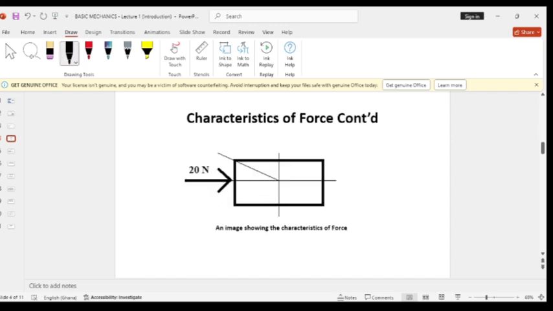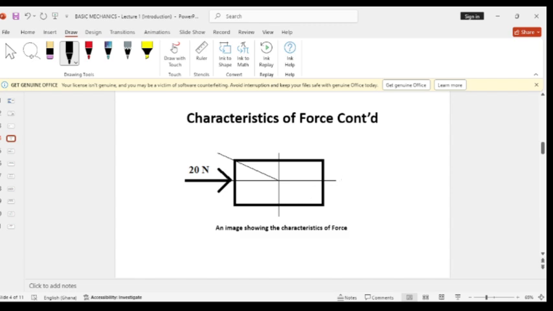So when we look at this image here, let's talk about 1, the magnitude. The magnitude in this particular example is represented by the arrow here. Assume that the arrow is drawn to scale.